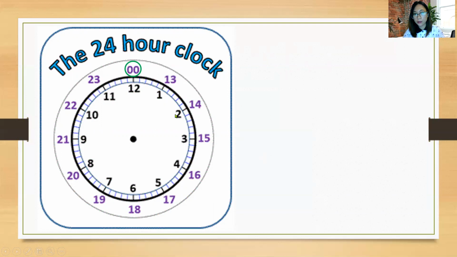Starting from 1, 2, 3, 4, until 12, and then it goes to 13, 14, 15, 16, up to 24. But we put here two zeros. Our format for telling time using the 24-hour clock is hour followed by minute and the word hours.